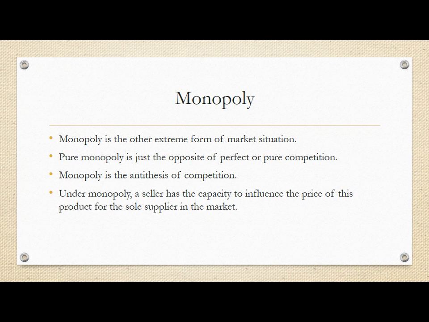Pure monopoly is a market condition in which there is only one seller. He controls the entire market supply of a product because there is no rival producing a close substitute. The monopoly firm itself is an industry, so its output constitutes the total market supply.